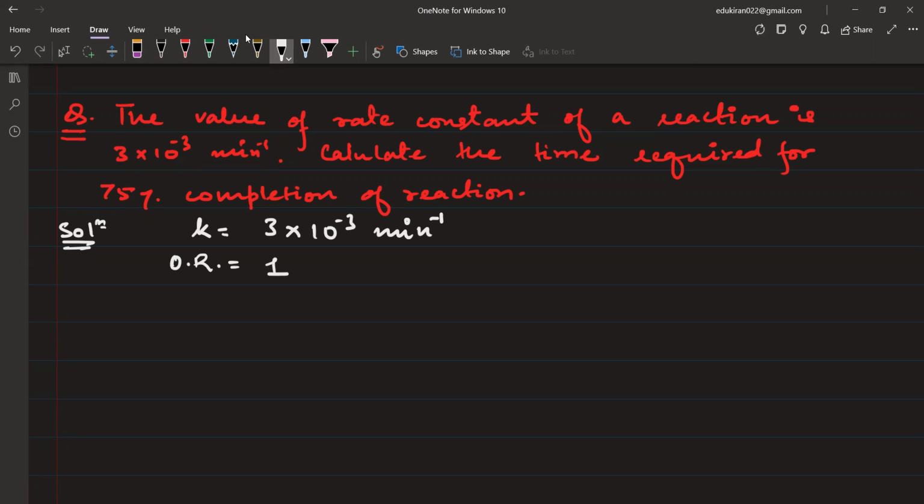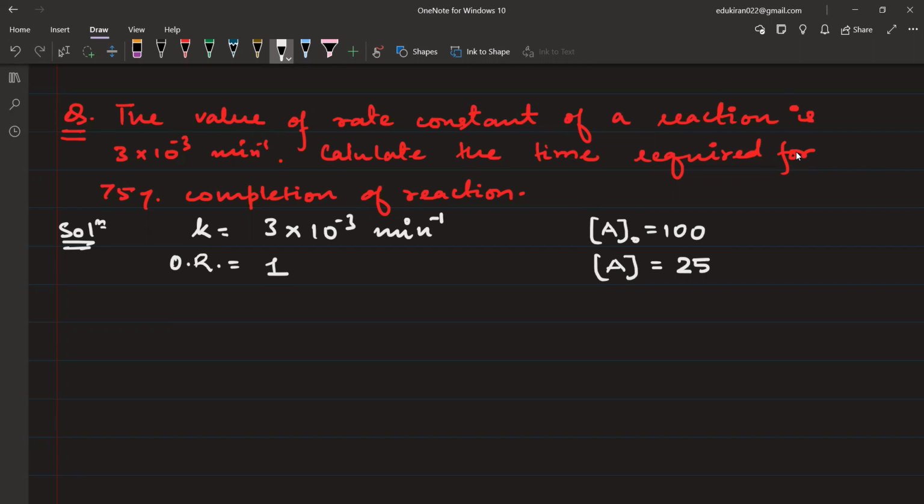Very good. The initial concentration, you have written it as 100, and the concentration remaining after the 75% completion, that means 75% of reactant has been reacted, remaining reactant is 25. That is also right. But you did not calculate the log.